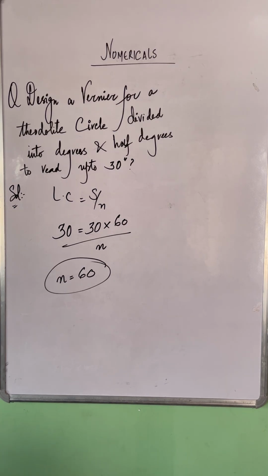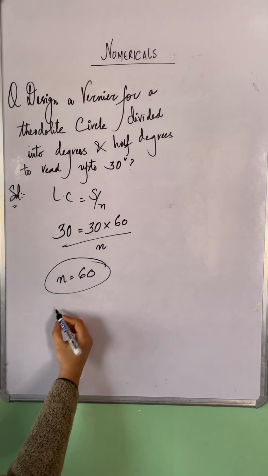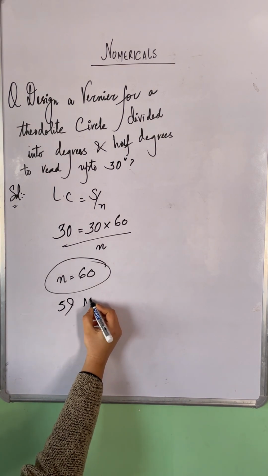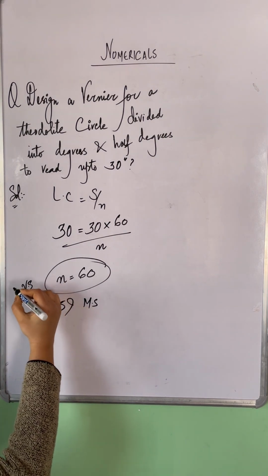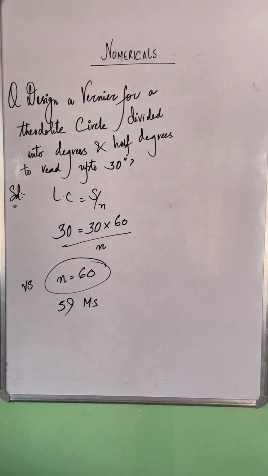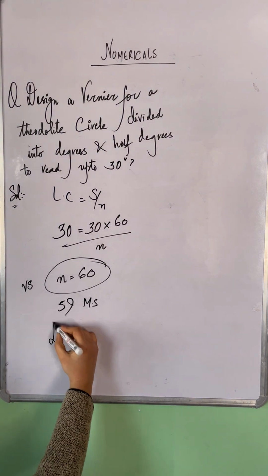So, 60 divisions of the vernier scale should correspond to 59 divisions on the main scale for a direct vernier.